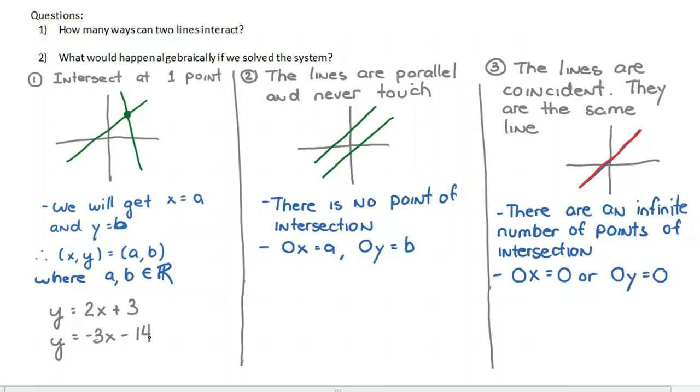If we want an example where they're parallel and never touch, we need to write a system where they have the same slope but a different y-intercept.